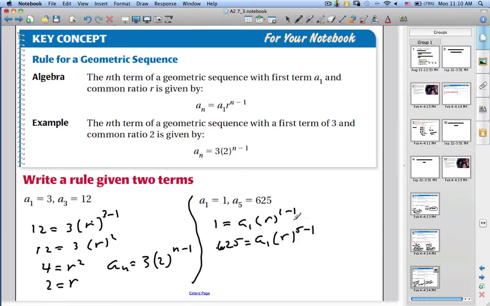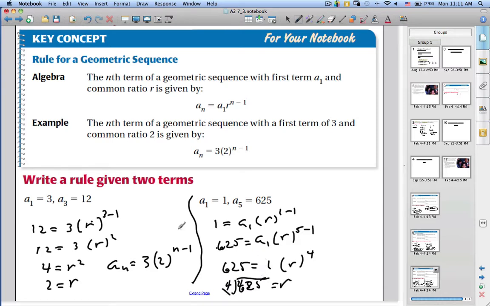Now, what's interesting about this, though, is when I simplify this, I'm still just going to find out that a sub 1 is equal to 1, because r to the 1 minus 1 power is r to the 0 power, which is 1, and I get a sub 1 is equal to 1. Okay, when I go ahead and plug the 1 in here, 1 times r to the 4th power, I know that r will be equal to the 4th root of 625.